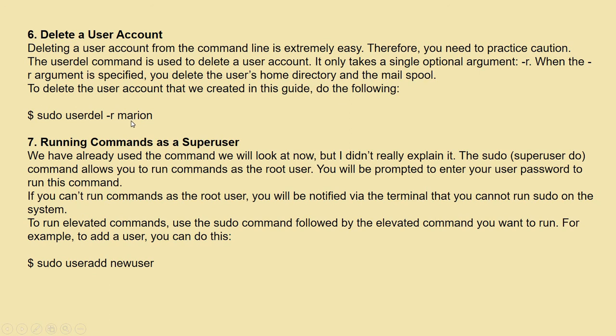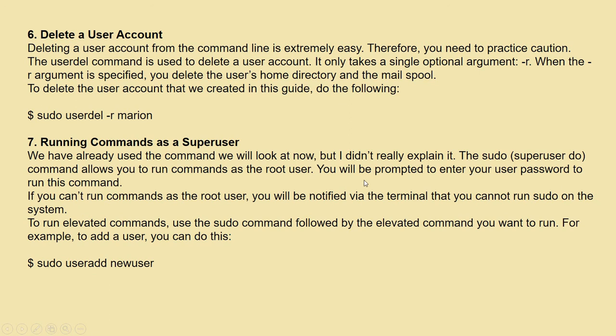Then, running commands as a superuser. So there is user, and there is superuser. How are you able to run a command as a superuser? We have already used the sudo command, but I did not really explain it. Sudo is the superuser do command, and it allows you to run commands as the root user.